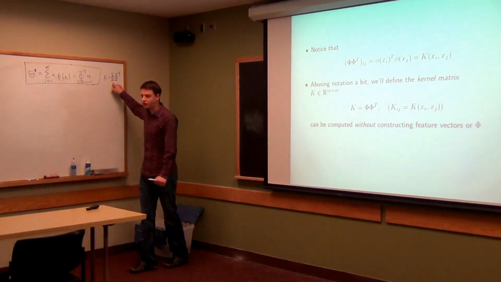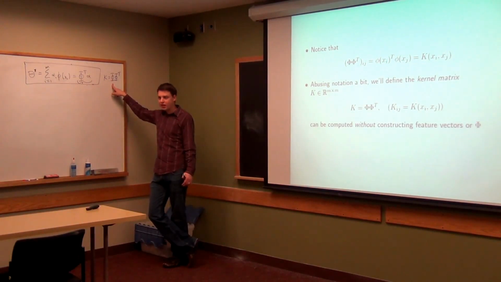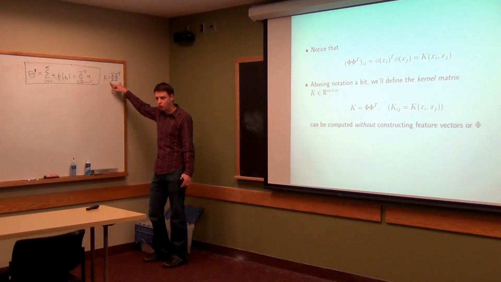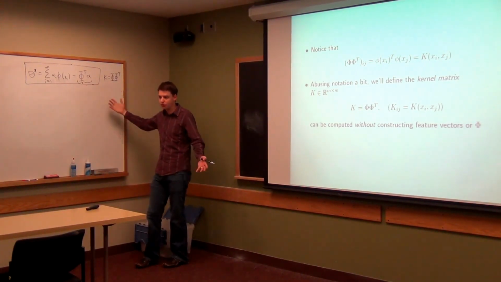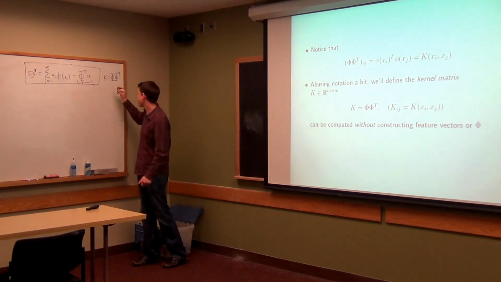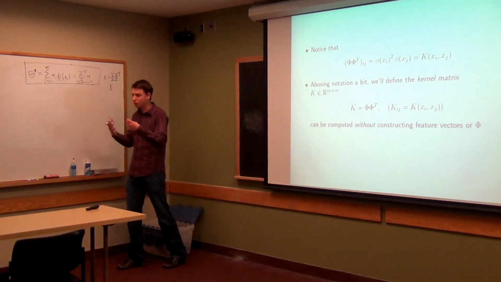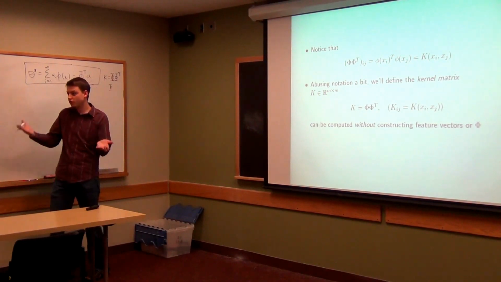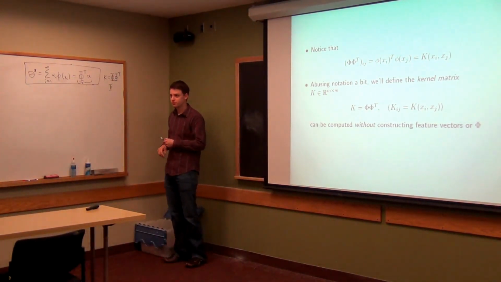So the matrix phi is potentially infinite, or just really big. Yet we can compute this whole term here, because every element in this term is just equal to a kernel function evaluation, so we can compute them all. So we can compute this term here, even though we cannot compute or store phi itself. This is just like how we could compute inner products in the space, we just couldn't compute or store individual feature vectors.